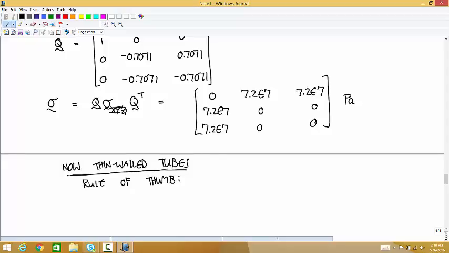So how thin is thin enough to use this formula? Think of the wall thickness as about 10% of the length. If the wall thickness is more than 10% of the length, then you're not going to get very good results.